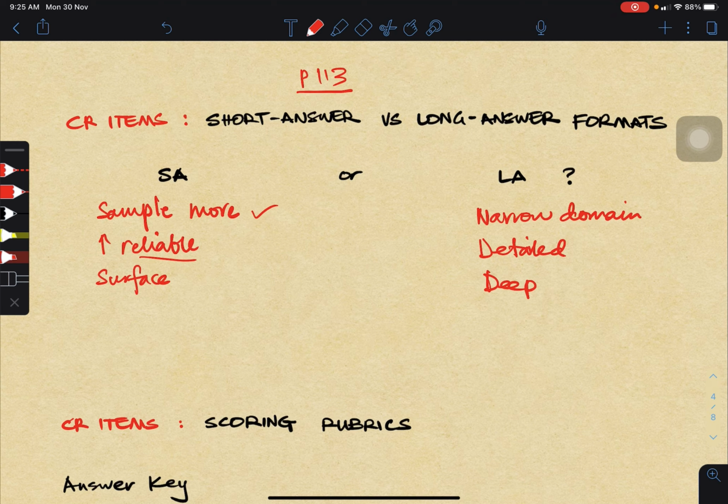Okay, so that is the gist of the first discussion regarding constructed response items.